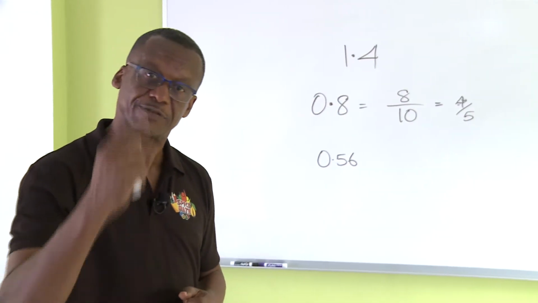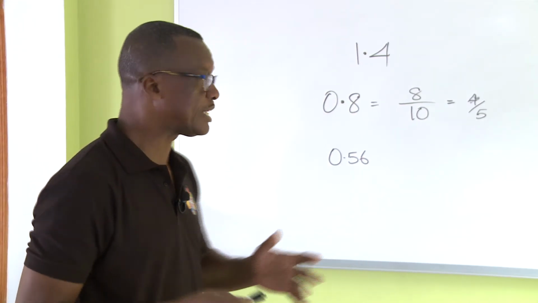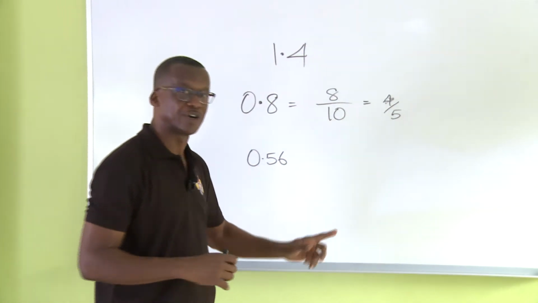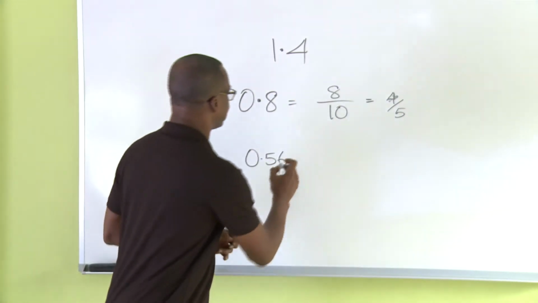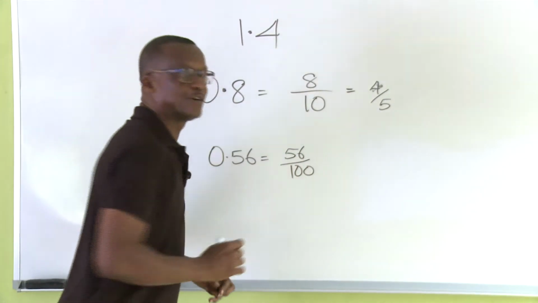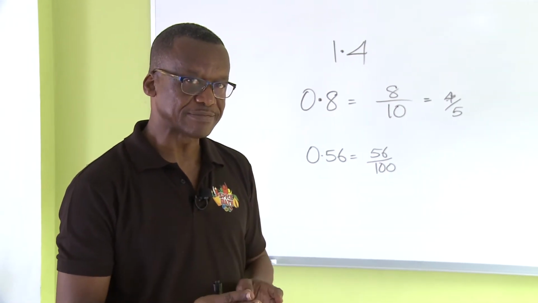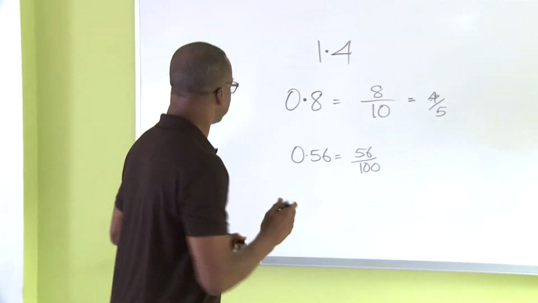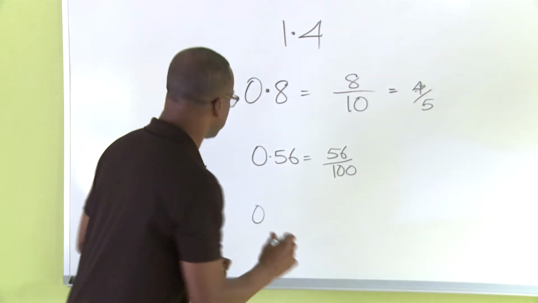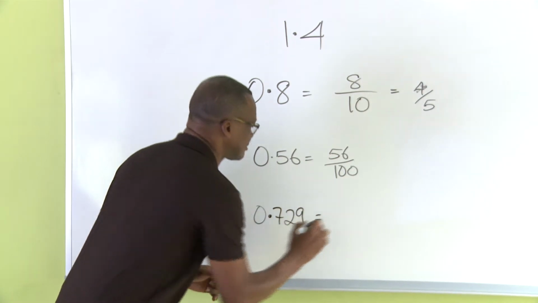0.56. Now we have two positions. So the denominator will now be 10 to the power of 2 or 100. So this number is 56 over 100. Do you see a pattern? Suppose we had a decimal fraction with 3 places, 0.729.